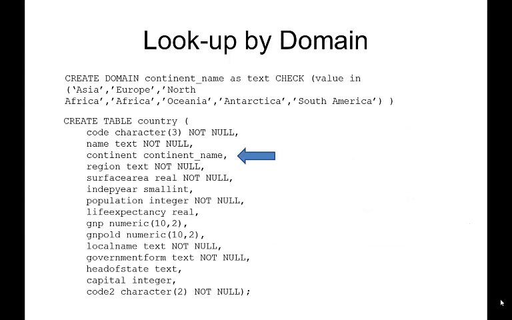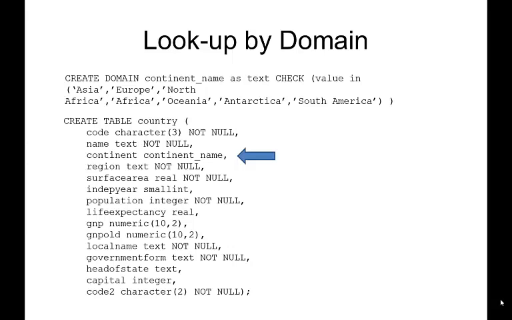Here's the second approach, and that is to define what's called a domain object in Postgres. A domain object is just a data type with some additional constraints set upon it. So we're going to create a domain object here called continent name as a text data type.